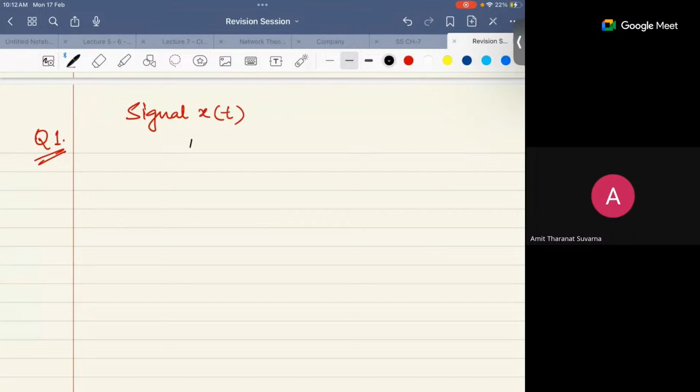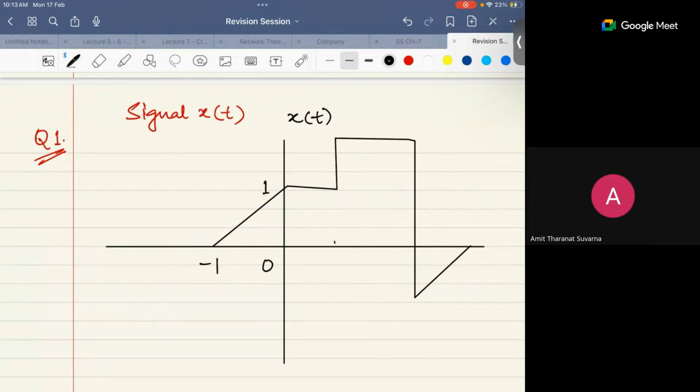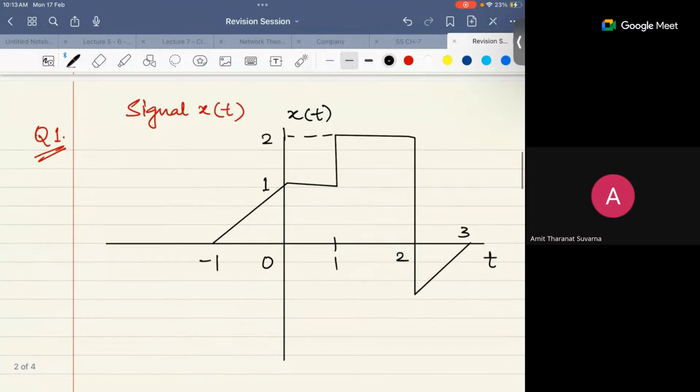The signal x(t) will be given like this, with points at minus 1, 0, 1, 2, 3 on the t axis, and an amplitude of 2.